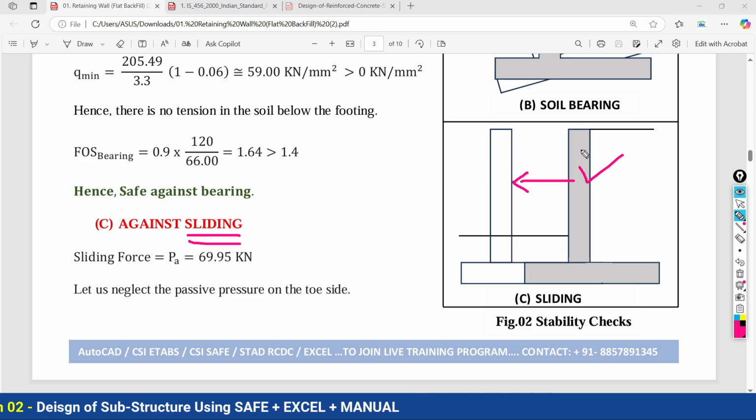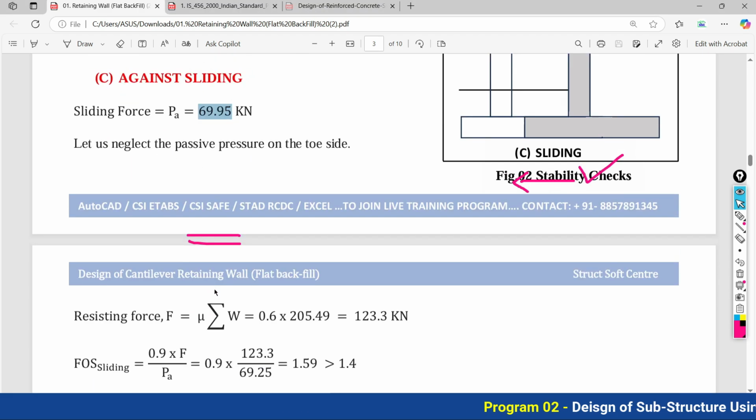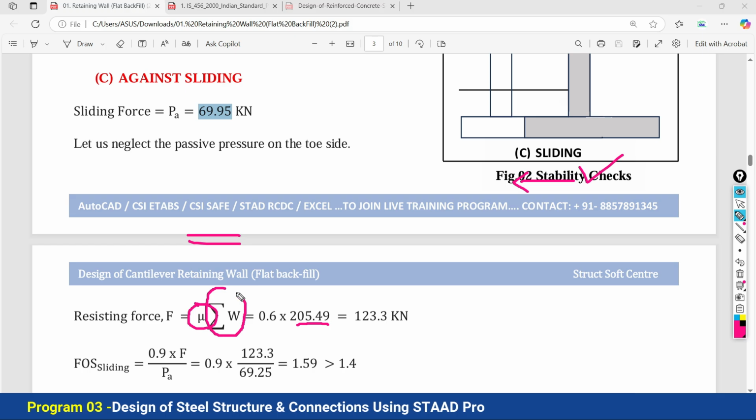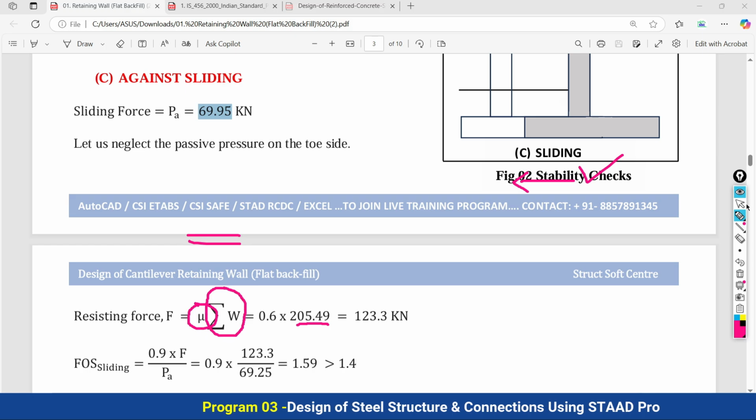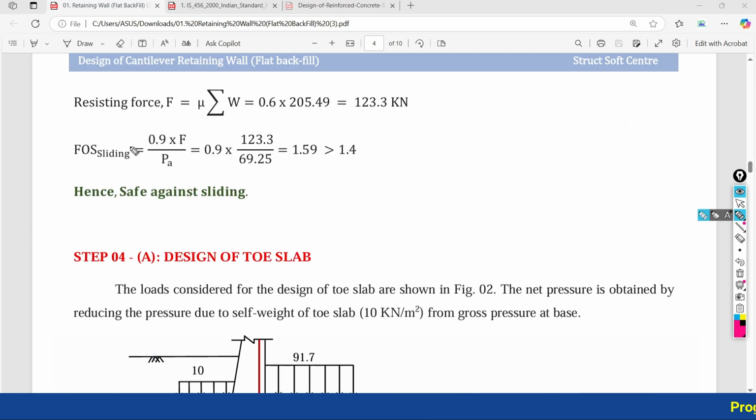So we have to make our retaining wall safe against sliding. The lateral load we have calculated as 69.95. Now the total weight is what? 205.49 kilonewton. But the resisting factor or coefficient we have to multiply with your actual gravitational load. So the frictional coefficient, as given in your problem statement, as you can see here, we are going to use to calculate the factor of safety against sliding.